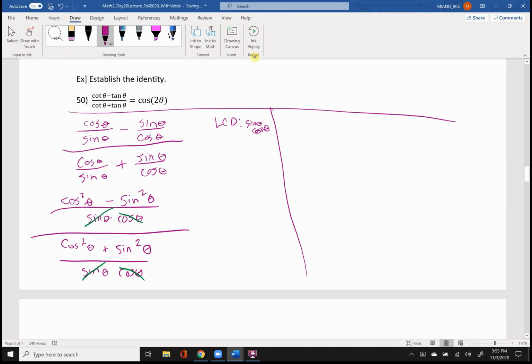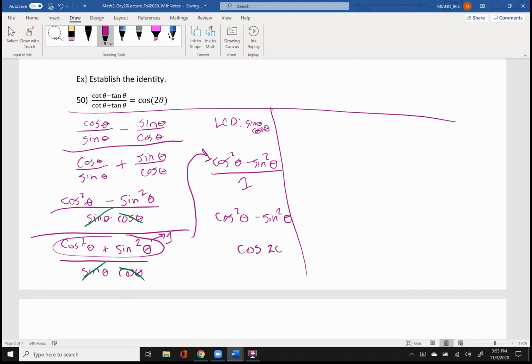So then that'll give us, I'm going to just continue right here and say that that's going to be cosine squared theta minus sine squared theta over a 1, because this is equal to 1, via the Pythagorean identity, which is cosine squared theta minus sine squared theta, which just so happens to be the way that cosine 2 theta is defined.